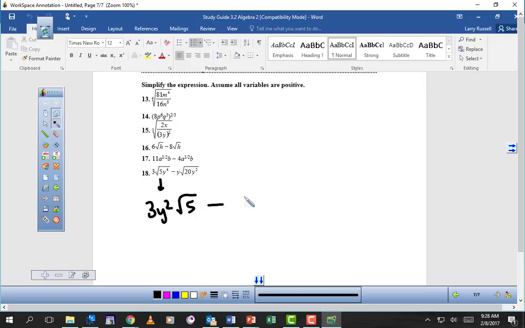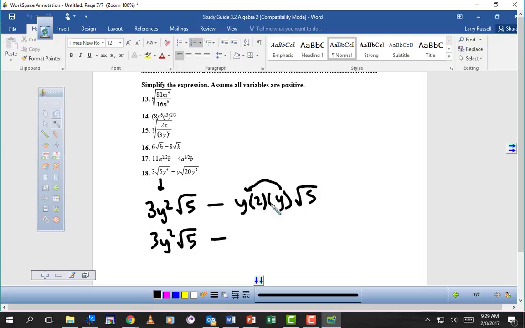And then we had minus y. And then we had times 2. And then we had another y here times the square root of 5. And so I just need to clean this up. Well, these two, of course, will multiply together. And so this is 3y squared square root of 5 minus 2.